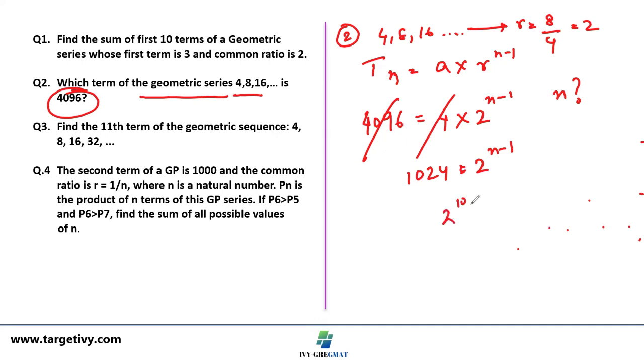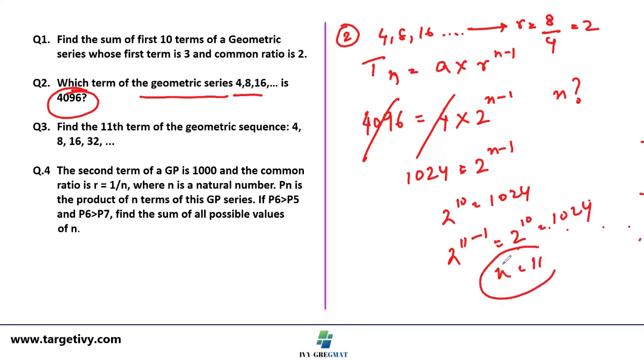So obviously this is 2 to the power 11 minus 1, which is equal to 2 to the power 10 is equal to 1024. So n here is 11. So the 11th term is 4096, if the GP is 4 followed by 8 followed by 16, means a multiplication of 2.